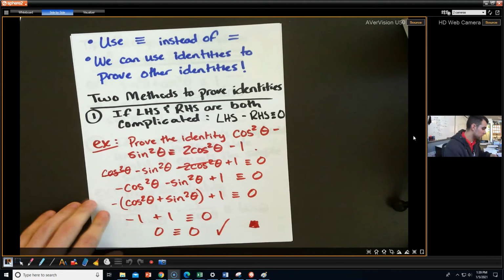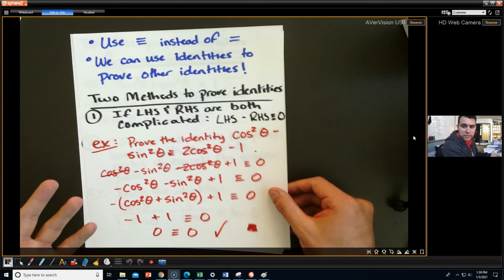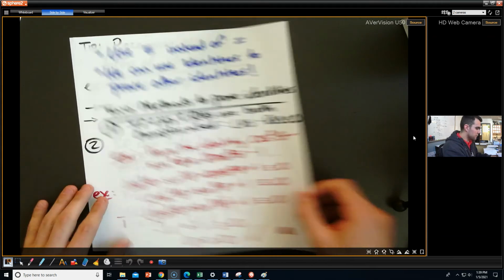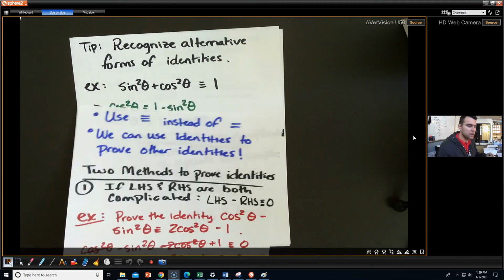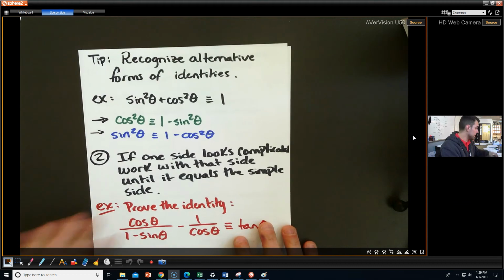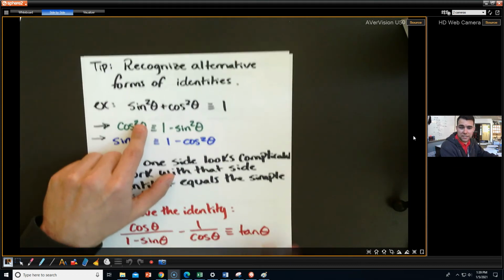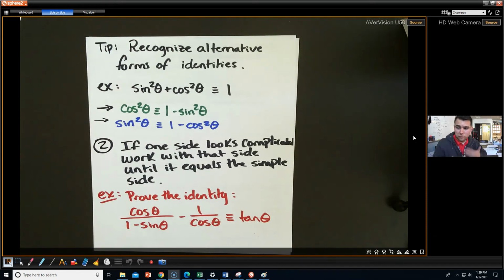Fancy. All right. Now, a couple tips for these, because that one didn't seem too bad, but they can get complicated. My tip is to recognize the alternative forms of identities. For example, if I have sine squared theta plus cosine squared theta equals 1, I can rearrange that known identity.